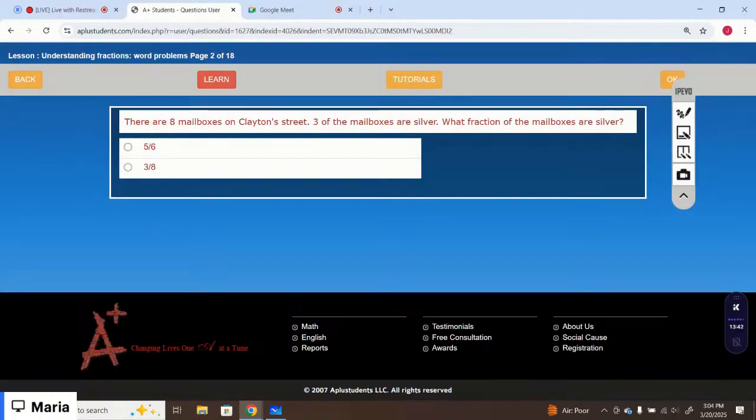There are 8 mailboxes on Clayton Street. 3 of the mailboxes are silver. What fraction of the mailboxes are silver?